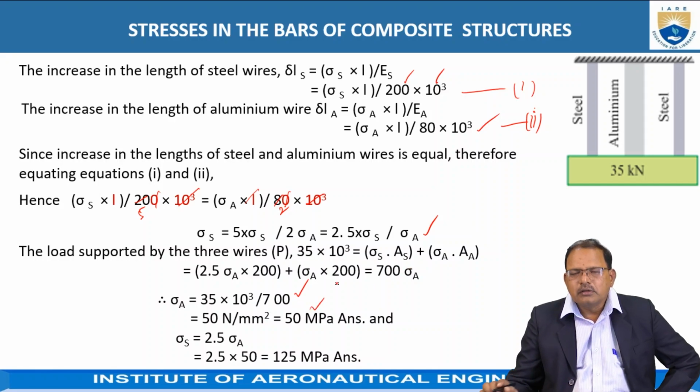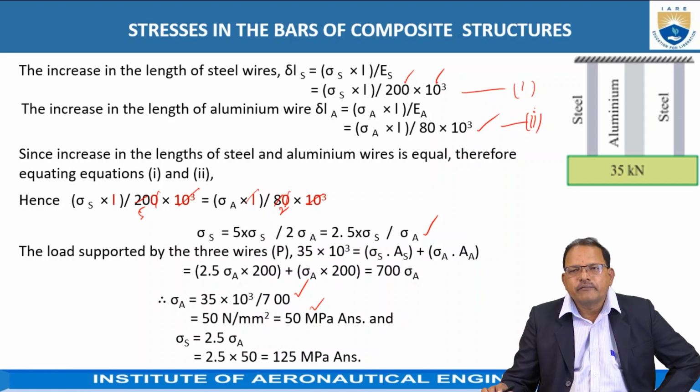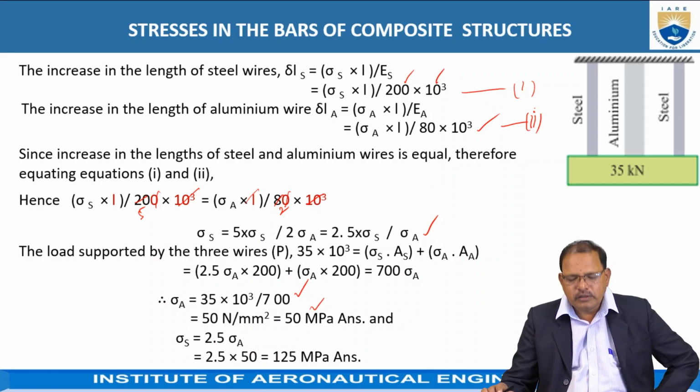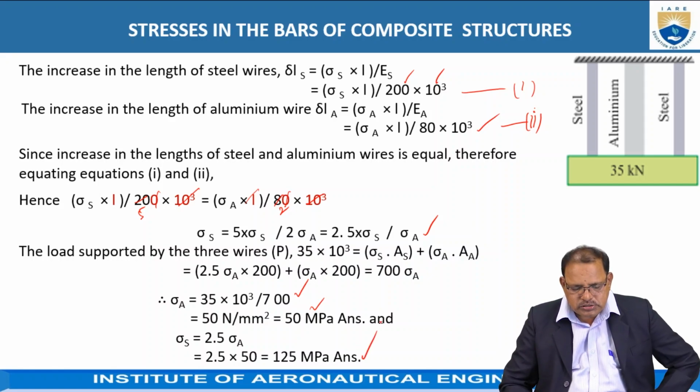It can be written as 50 megapascal. Similarly, sigma S is equal to 2.5 into sigma A, 2.5 into 50 is equal to 125 megapascal. These are the stresses produced in the aluminum as well as the steel bars.